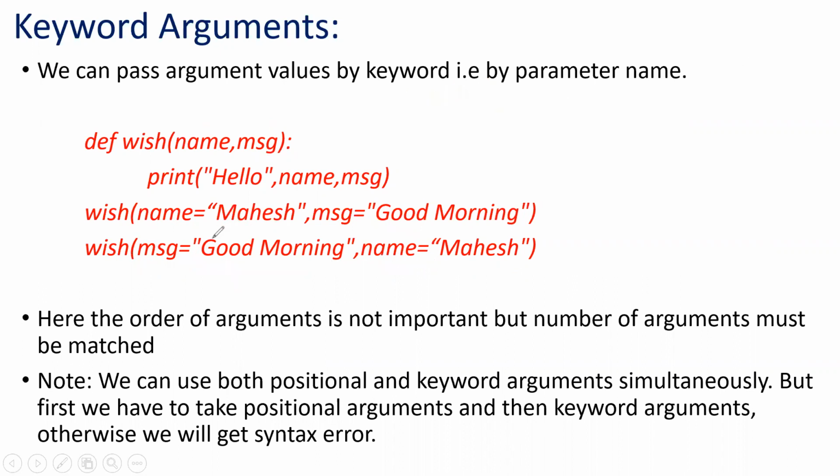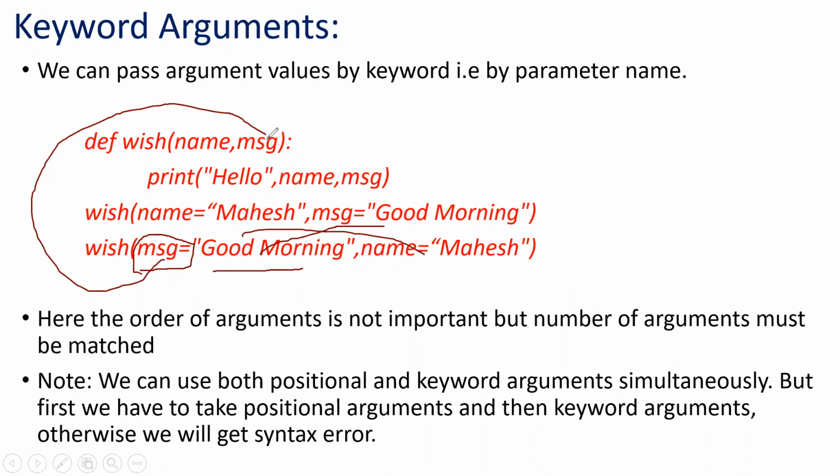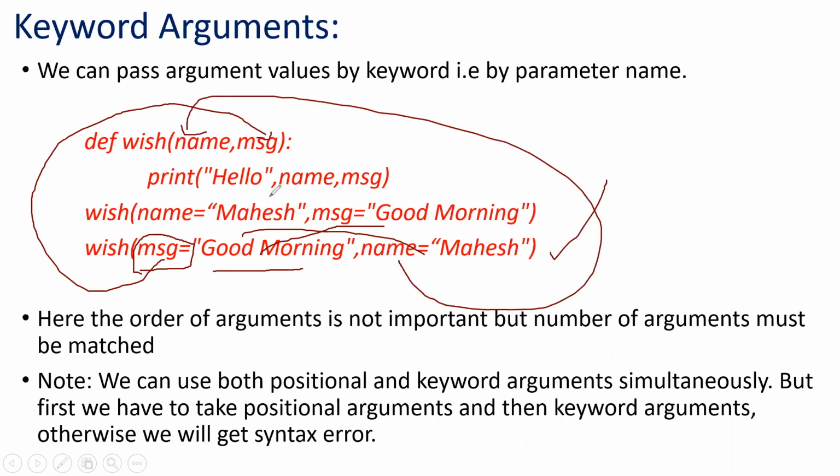Now I want name as Mahesh, message as good morning. I can change here to here or here to here. Even though the position is changed, as we are assigning the particular keyword name and that value, automatically message and name are matched. Now it will print hello Mahesh, good morning.